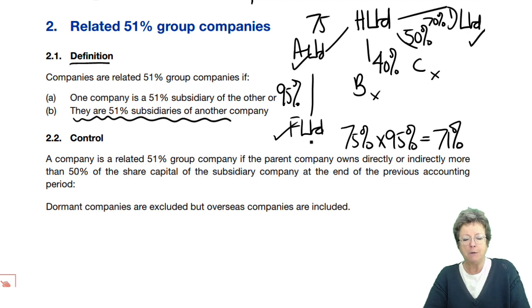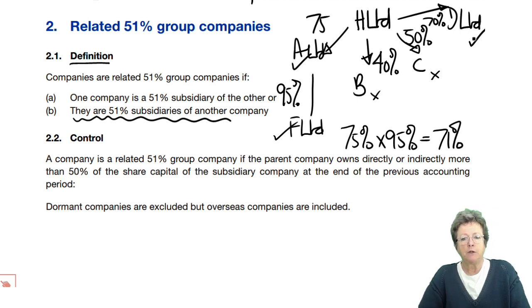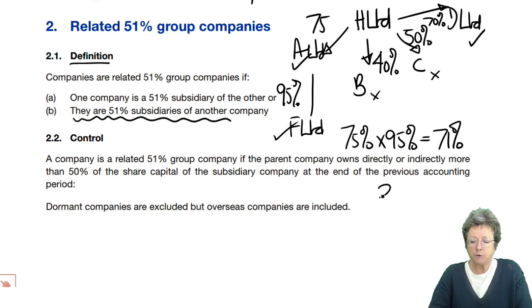Okay, I'll do that again. So it's a 51% group company if you have direct holdings, so we've got A and D. So there's 3 of them in that group for 51% at that point.